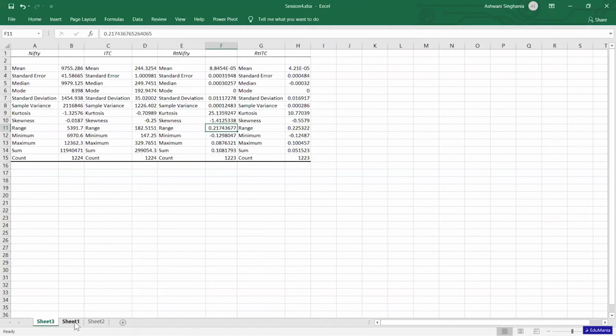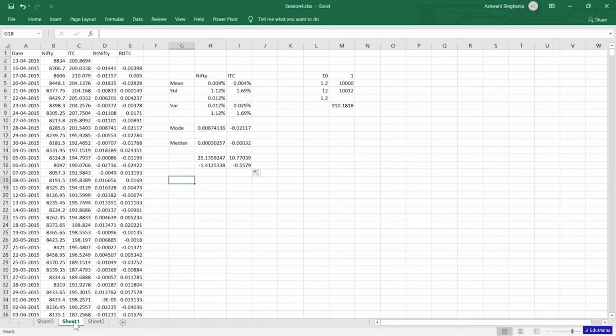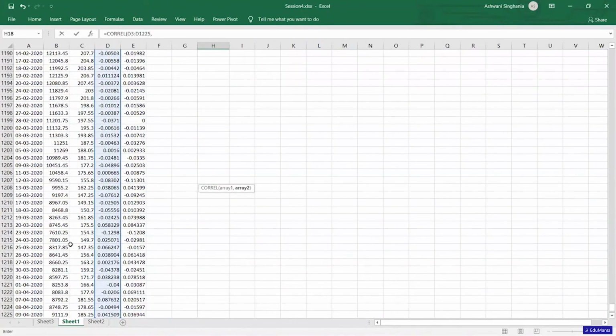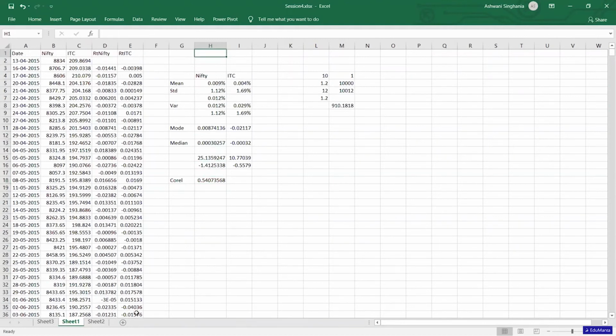Now let's move towards correlation and covariance. Let's calculate correlation, and I will explain what correlation is. Correlation is between two sets of data, the first set and the second set. The correlation stands at 0.54. The coefficient of correlation is always between -1 and +1. It cannot go out of this. What does it mean?